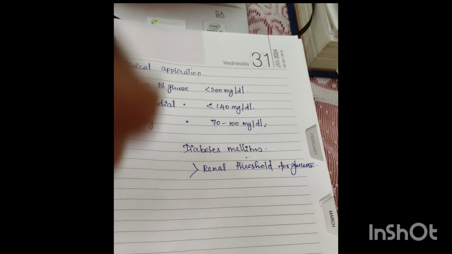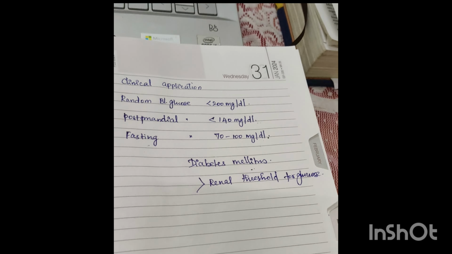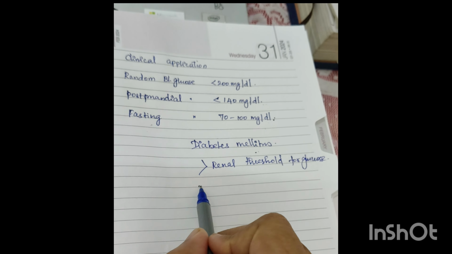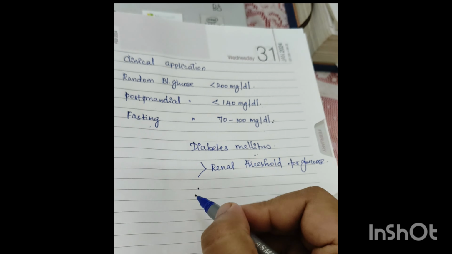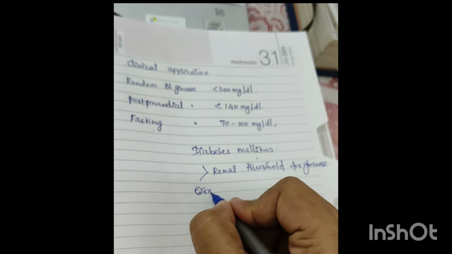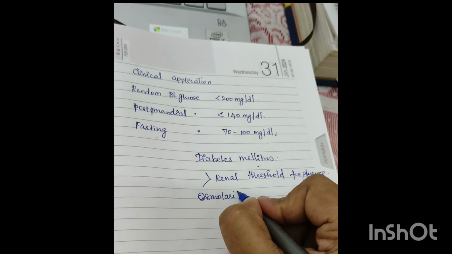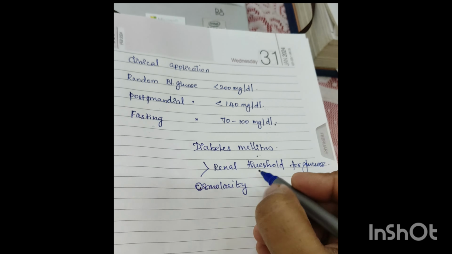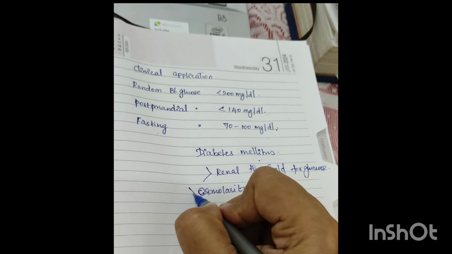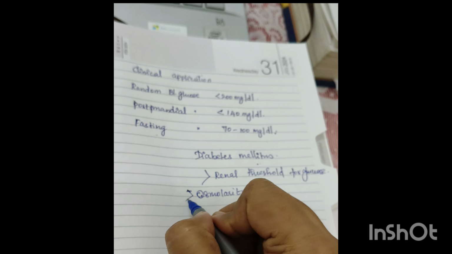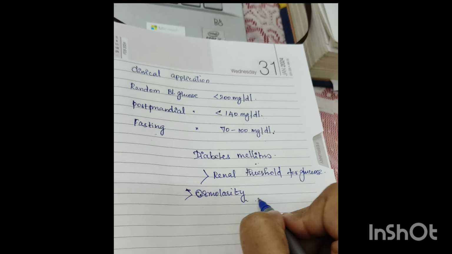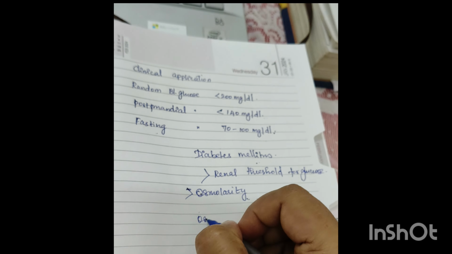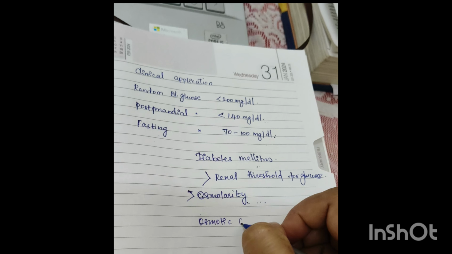When the glucose is present inside the nephrons, it will also increase the osmolarity inside the renal tubules. Since glucose is not reabsorbed, it remains in the renal tubules and the osmolarity increases. Since the osmolarity is more inside the renal tubules due to the presence of glucose, more and more osmotic water reabsorption happens.